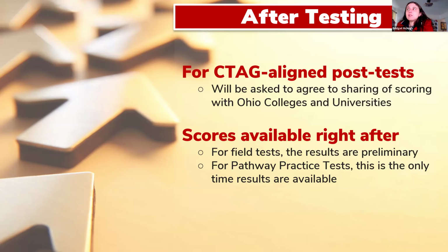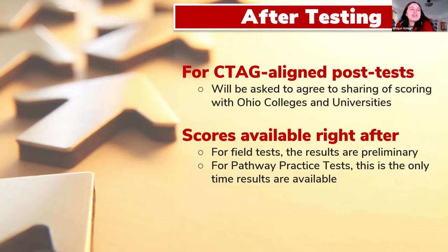So that does not necessarily mean that their score is going to go down. It might go up because, for example, maybe there was an item that was not of the highest quality, like maybe it had possibly more than one right answer. If that gets taken out, their score might go up. We just provide this because it can give them an idea of if they might need to retest because they didn't pass it after the field testing window if they are a graduating senior.